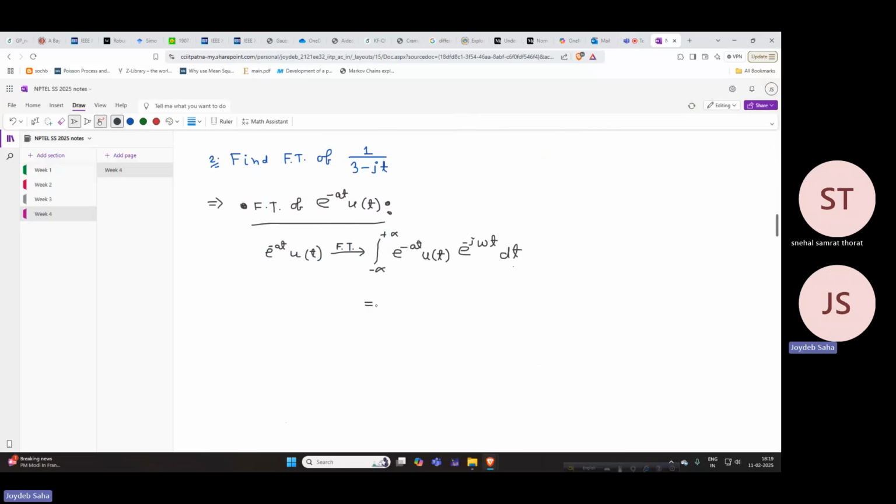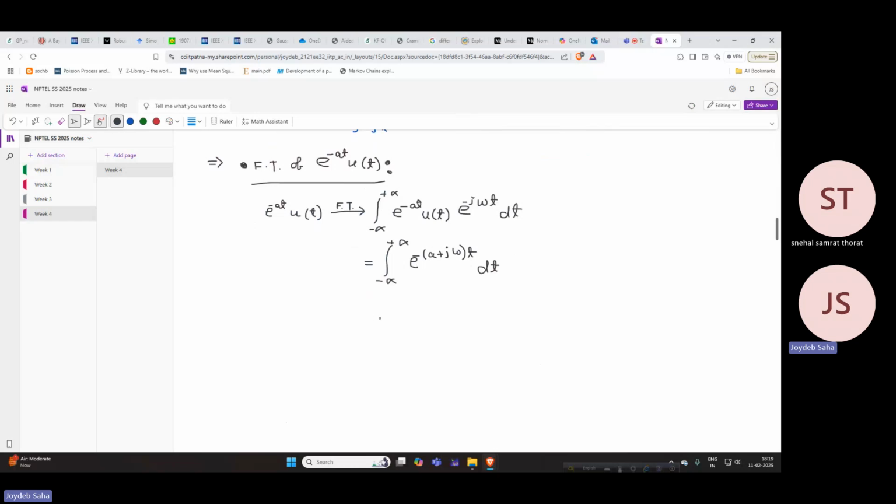Is equal to, we can write it minus infinity to plus infinity, e to the power minus (a plus j omega) t dt. Fine.